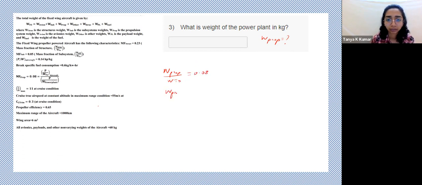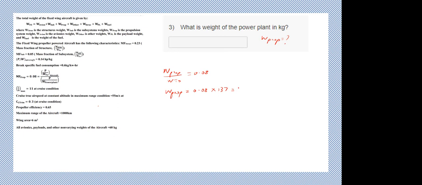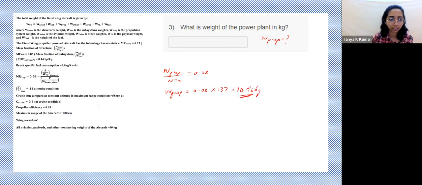So you have 0.08 into 137, which is approximately 10.96 kg. Okay. So that is the value.